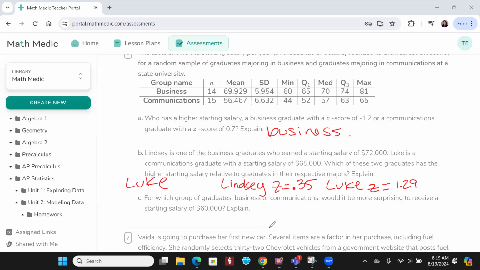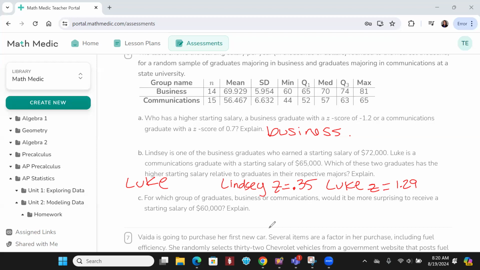Okay. All right. On part C, for which group of graduates, business or communications, would it be more surprising to receive a starting salary of 60,000? It would be more surprising for a business graduate to receive a starting salary of 60,000 because it would have a z-score of negative 1.67, while a communications graduate with a starting salary of 60,000 would have a z-score of 0.53.